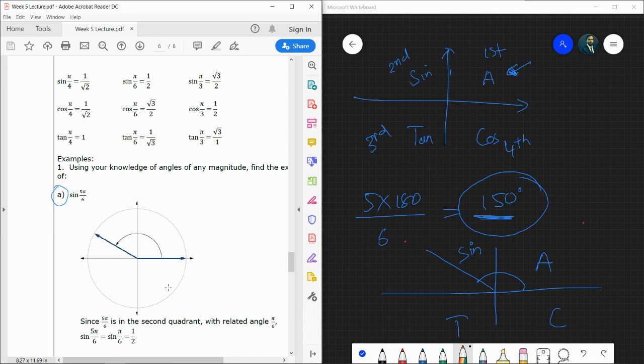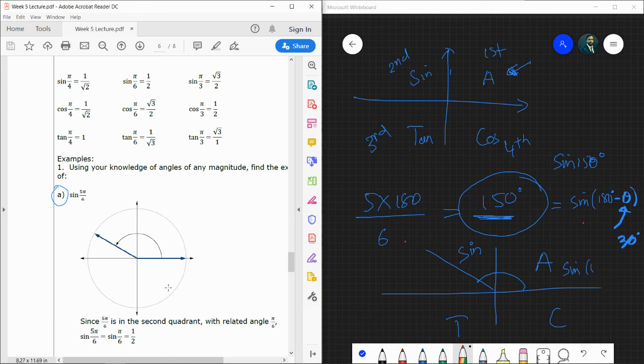We improvise. In other words, we try to write it in a way so that we can find the exact value. In other words, we write sine 150 as the same as sine of 180 minus theta, where this theta is really 30 degrees. So what does that give you?